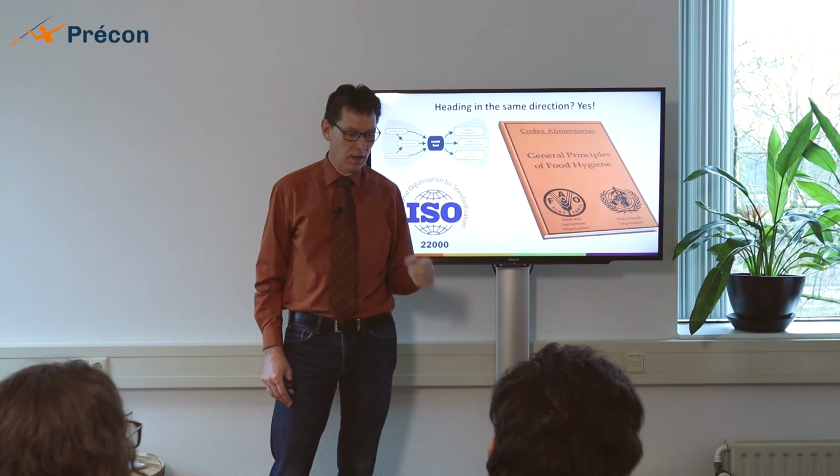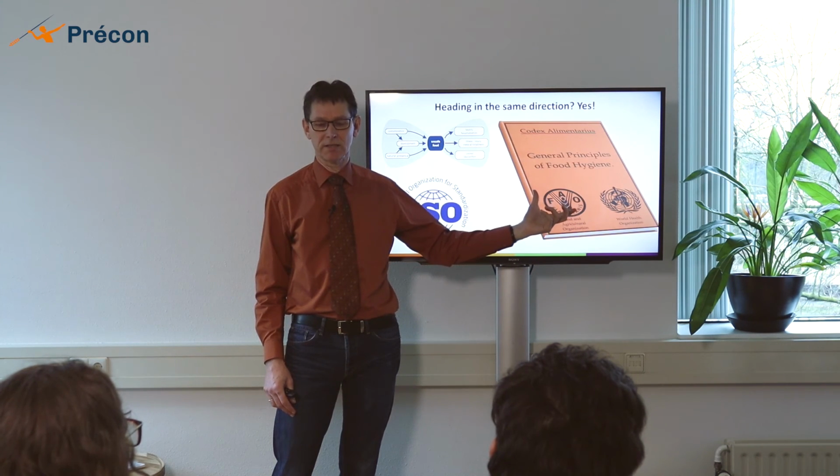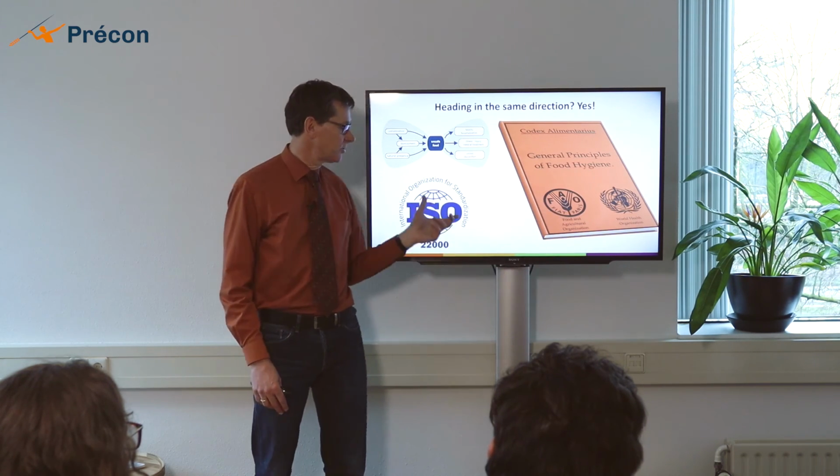So this needs to be used by each and every one. So it cannot be as complicated or as advanced as the ISO 22000 standard. But with some differences, we are heading in the same direction.